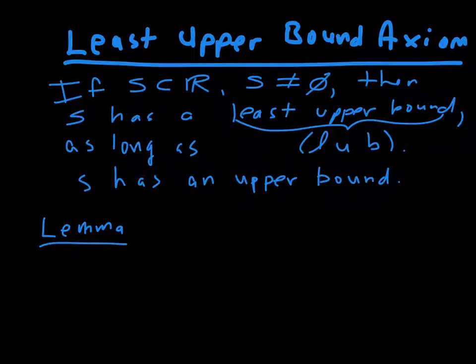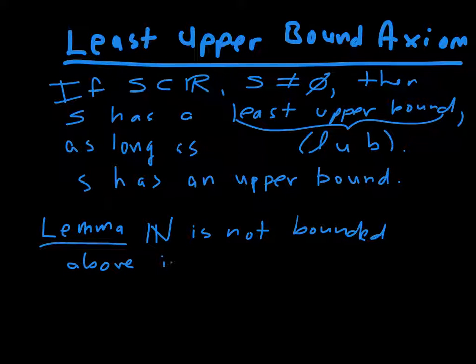So the lemma just says that the set of natural numbers is not bounded above in R. Okay, so you see that and you think that is totally obvious. Well, we can actually give a proof of it.